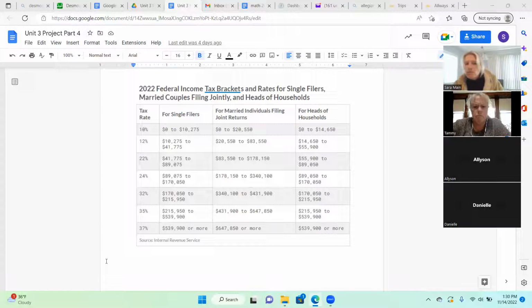I'm going to go back to my office to grab some more scrap paper so that we can go through this again. So we're going to use the 42,000 from the class and we're going to go through this 2022. So you can start on that if you want.